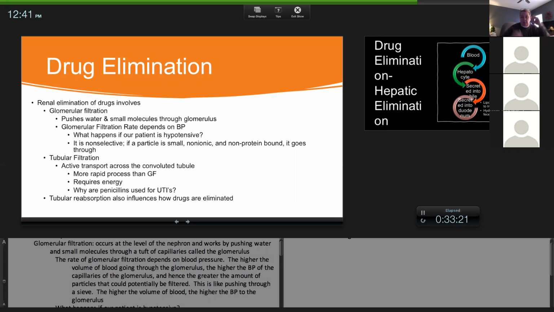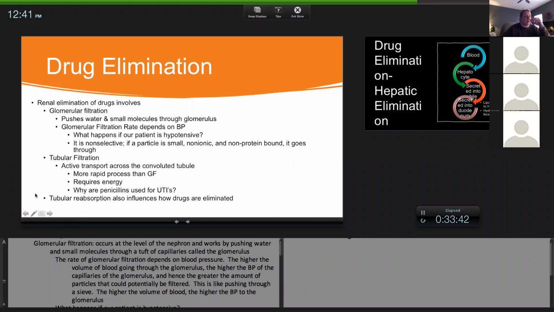Anything that's soluble or can pass through the fenestrations is going to get pushed out in the glomerulus. So some plasma, body water, nutrients, wastes, drugs. And then the glomerular filtrate is going to be traveling through the nephron.